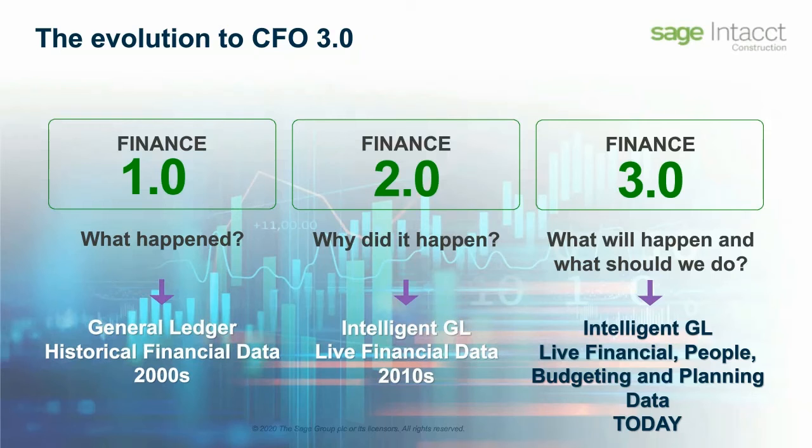But what we see happening is a transition to where it's not just about today, it's about what's happening into the future. And we call this CFO 3.0, or Finance 3.0. This is where we're moving to a model where instead of looking backwards or looking at just today, we have continuous accounting, continuous trust, and continuous insight.